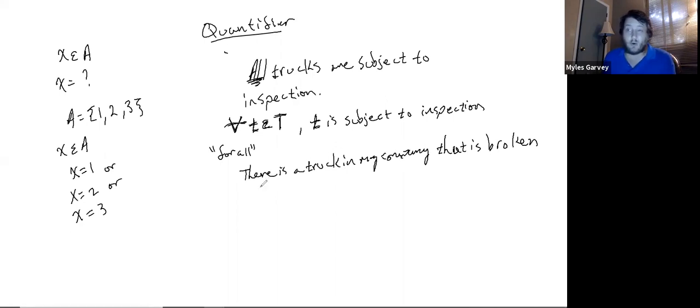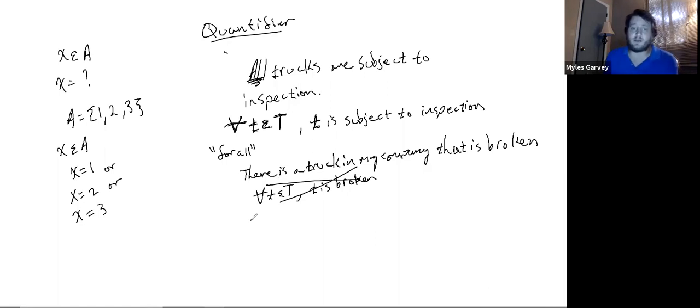Notice that I can't write for all t in T, t is broken. That's not how I write that mathematically, because what that statement says is that if I take any element from my collection of all my trucks, that element must be a broken truck. But that's not what the statement above says. This says that there exists at least one truck that's broken.